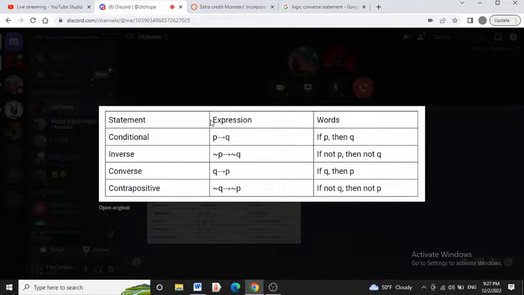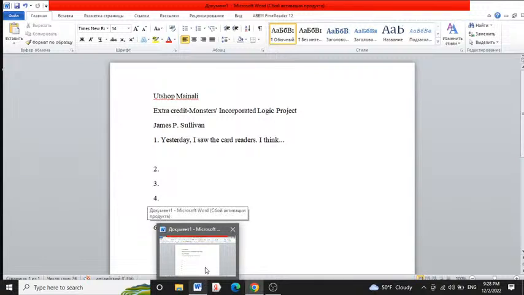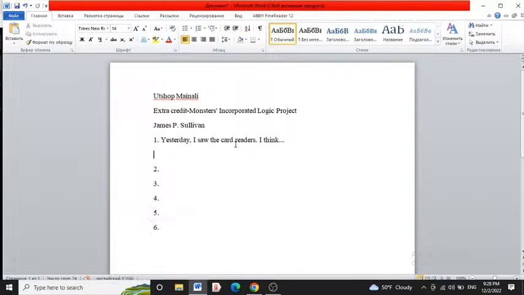Converse, if I make a noise, then I clap my hands. So yesterday, I saw the card readers, I think this is supposed to be. Yesterday I saw the card readers, and I'm going to copy and paste this here so I don't have to retype it.